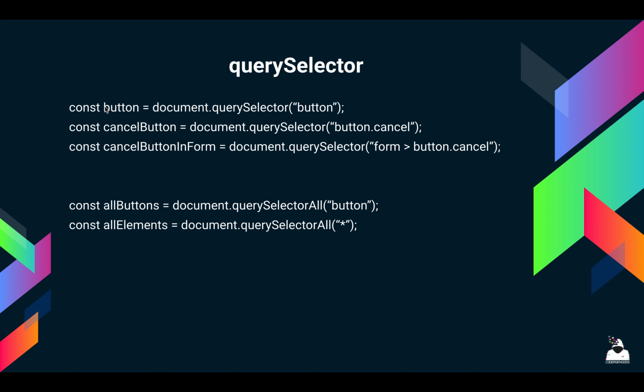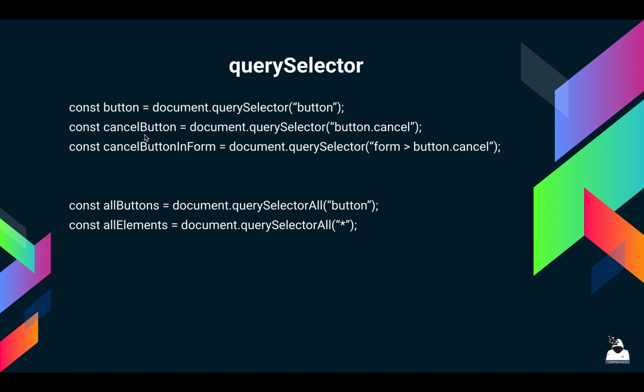So we want to find the first button in the page. So document.querySelector and the string button. Just like a CSS rule, if we want to apply a style to all of the buttons, we just use the tag button. No punctuation or anything. If we just want the first button in the page, then we just use the tag name.